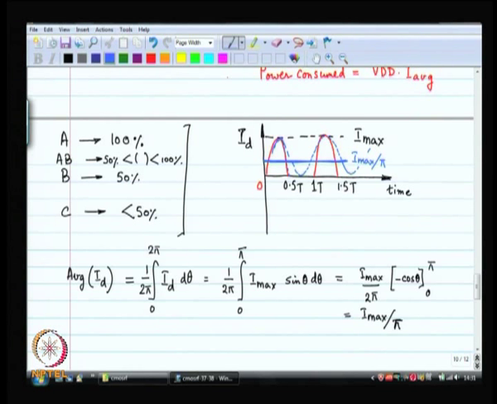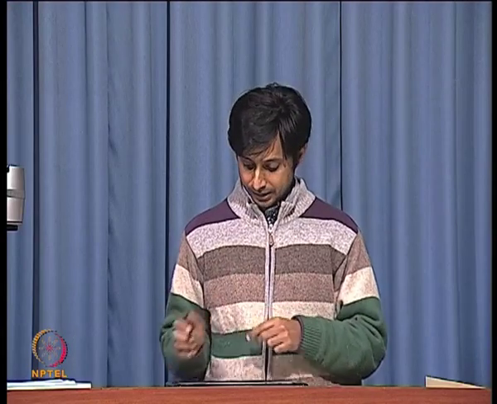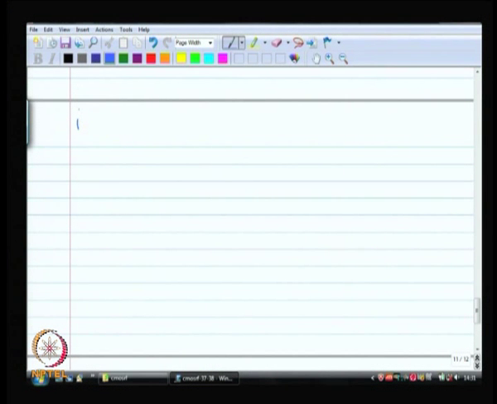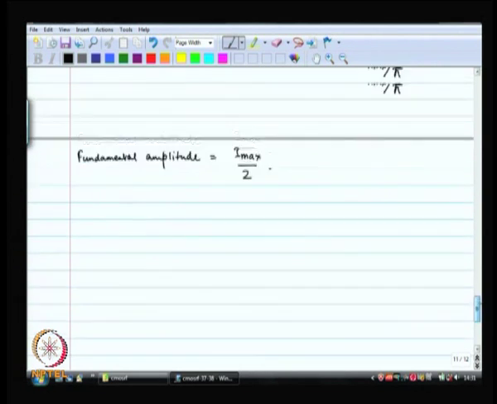I will not go into the mathematics, because I better not waste time. We will do a generalized version later on. Now, accordingly, just by eye estimation, you can see that the amplitude of the fundamental is something like I max by 2. Right, just by eye estimation.